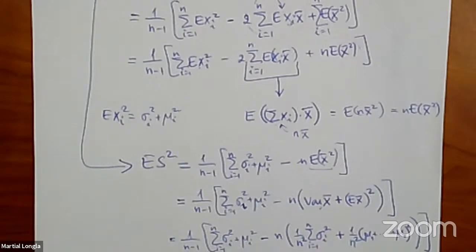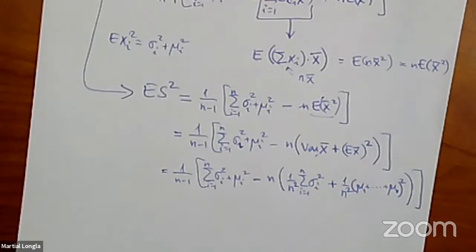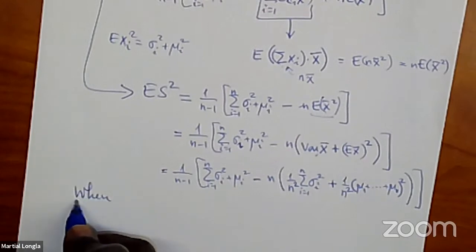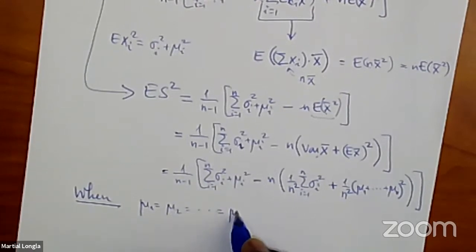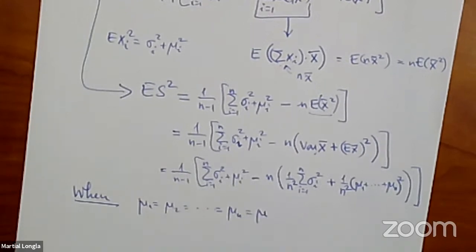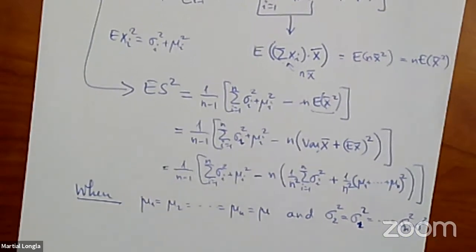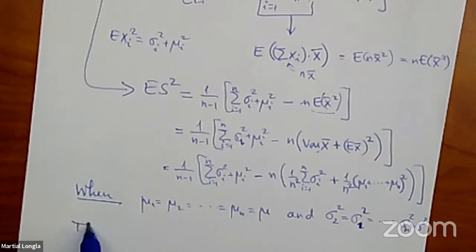What's that? In the special case when mu_1 equals mu_2 and they are all equal to mu_n, or mu, and sigma squared is the same for all of them, then this will turn into the following.